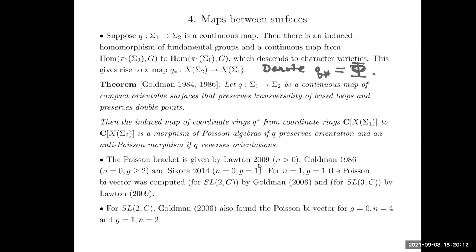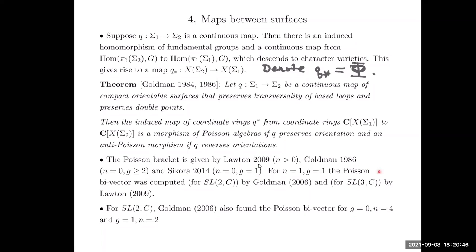So this Poisson bracket is given in the case where Goldman basically did the case where the surface didn't have any boundary. Lawton did the case where there was a boundary. This was Goldman's work. Goldman did the case where the genus is greater than or equal to 2. Sikora did the case where the genus is 1.